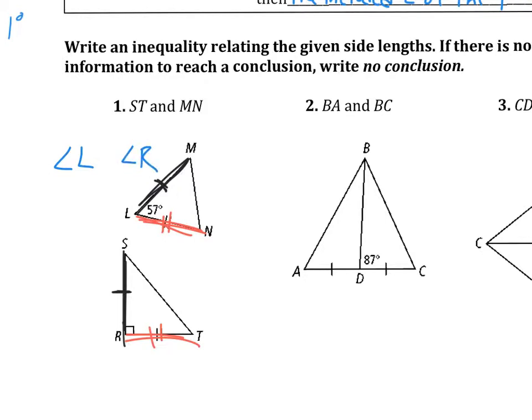Since the angle is smaller, clearly, why do we know that? Because 57 is smaller than 90. So what can I now say about MN, because MN is opposite that one? It's less than ST. ST has to be larger.